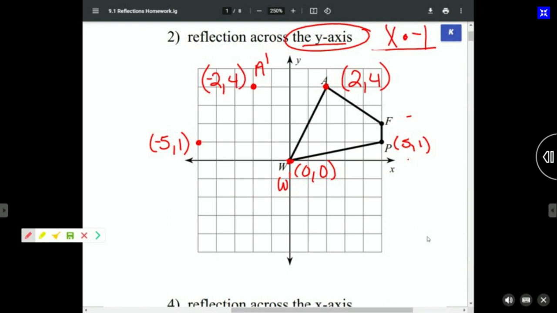If you look at the coordinates for A and A prime, what's the only thing that changed? Right? Too easy, yes? One day is it on this stuff. All right, and then I have one more, F.